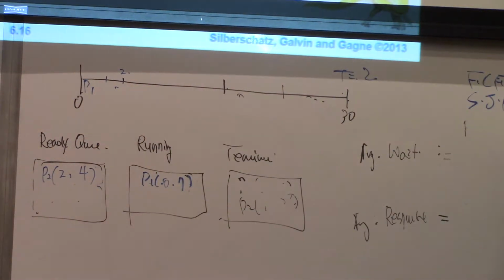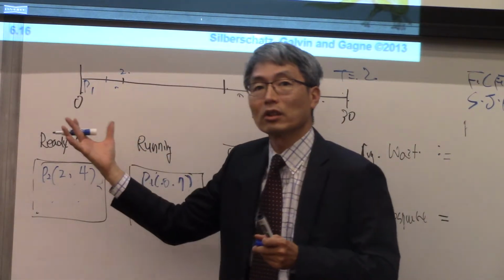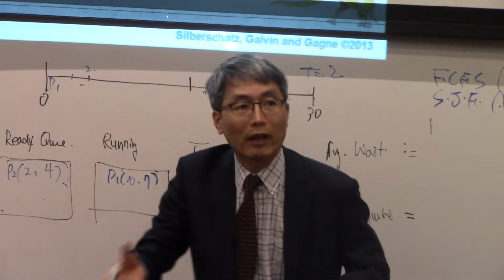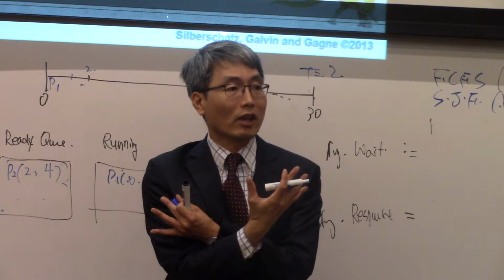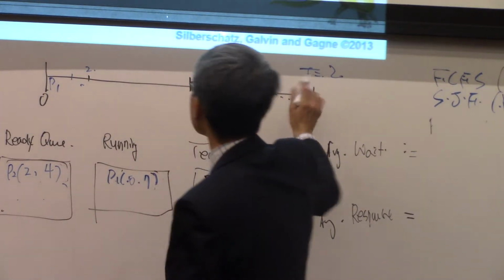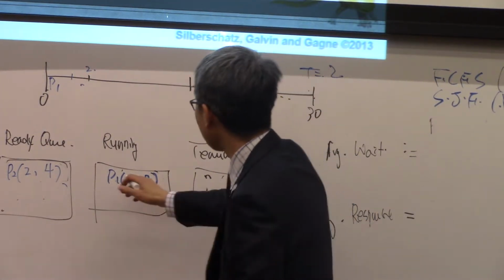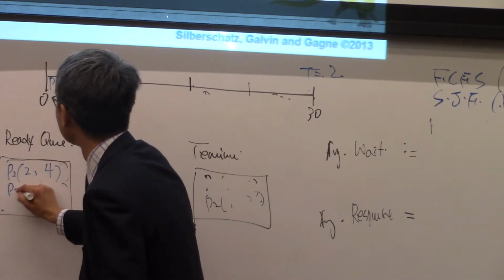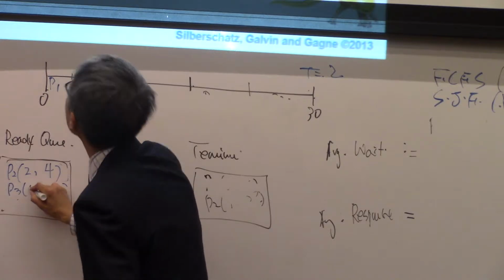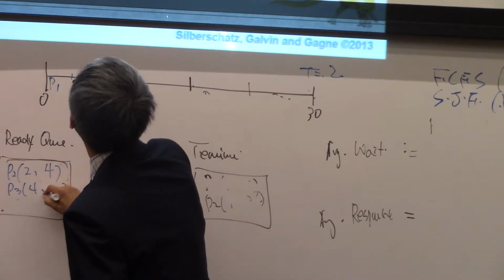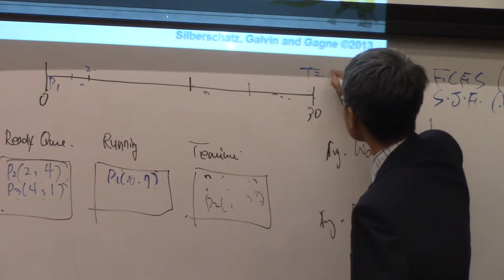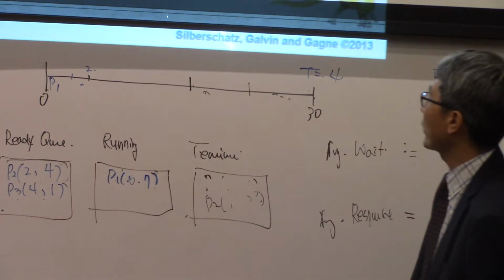First, we are going to use the non-preemptive case, which means once process 1 is started, it will run until terminated. So even though P2 has arrived, the CPU scheduler cannot do the context switch. So this is time 2, and P1 is still running. At time 4, P3 arrives.